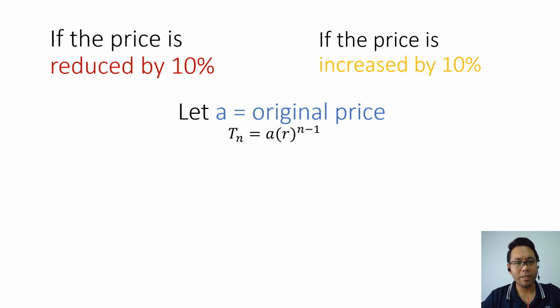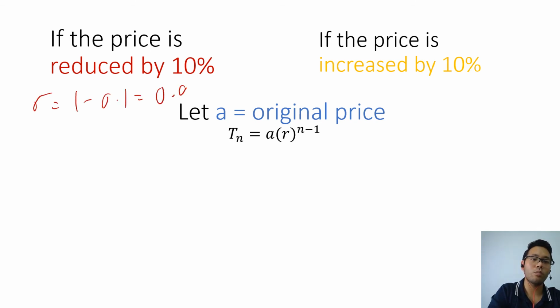Okay, so as I mentioned just now in the slides before this, we don't have to write down T1, T2, T3 to find the formula of Tn equals A R^(n-1). So we can have a little bit of a shortcut. Let's say we have this simple example for you. If the price is reduced by 10%, it will go something like this: R equals 1 minus 0.1, which is 0.9.